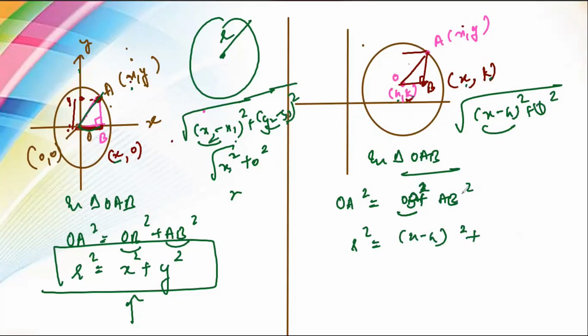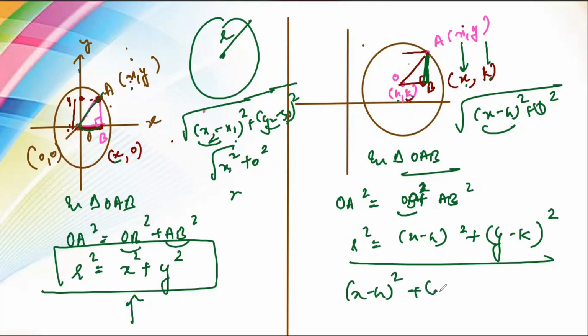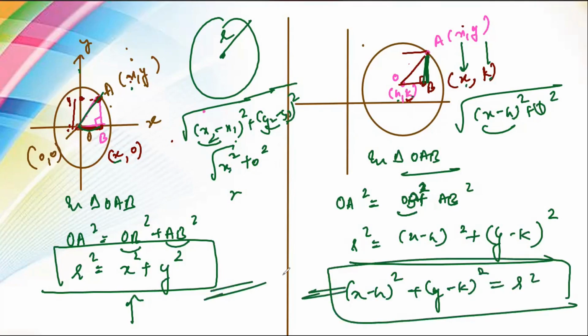Plus AB: if you apply the distance formula here, x minus x will give you 0 and y minus k I should have, and there is a square. So this is my equation of a circle whose center is not at the origin. The center is something h comma k. So for that, the equation of a circle is x minus h whole square plus y minus k whole square is equal to r square, right? So these are the two equations of a circle.